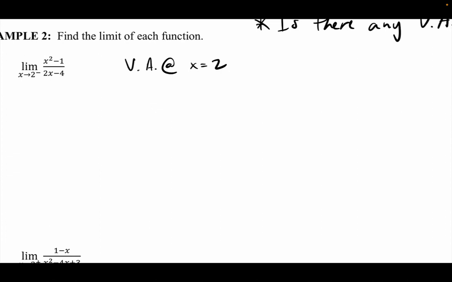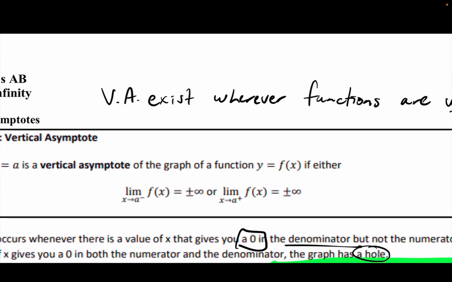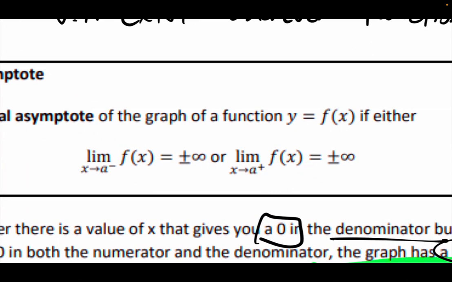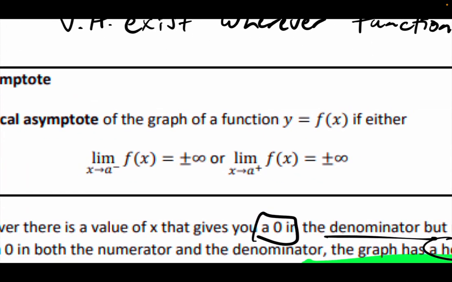And isn't it asking me for the limit at x equals 2? Okay. So that means it's not going to have a number. It's going to be one of these situations at the very top. It's either going to be positive infinity or negative infinity. That's going to be my answer.